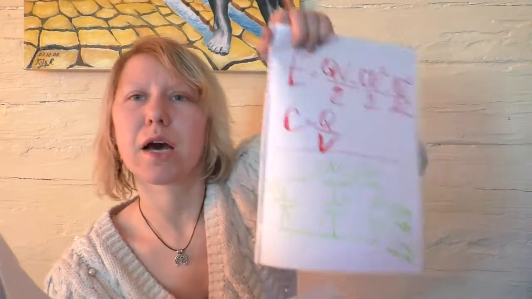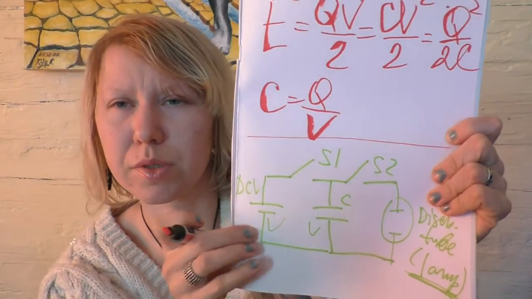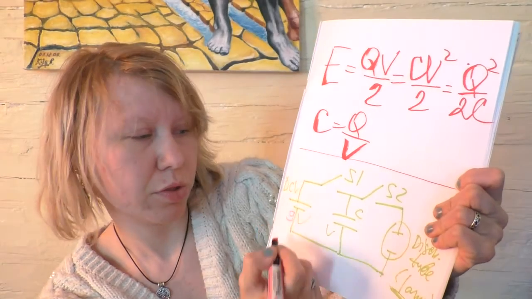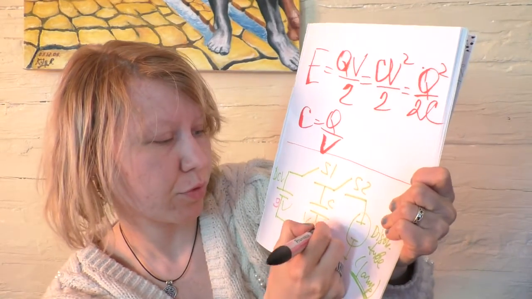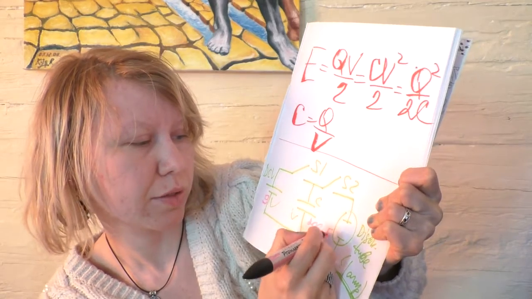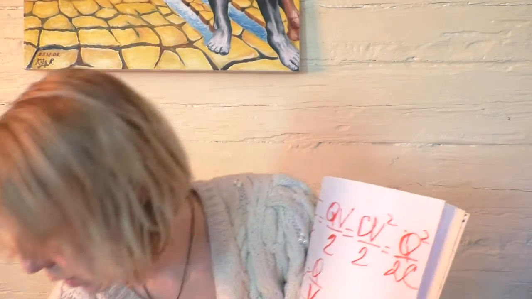So exactly as I have drawn for you. And we also have some parameters for this schema: 9 volts of voltage, and 200 microfarads for capacitance. And we need to calculate some parameters.